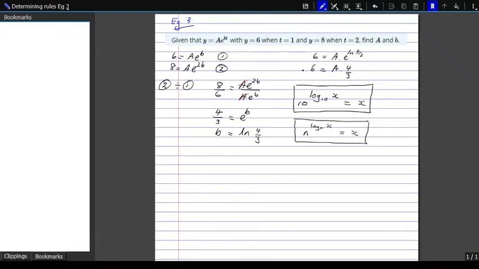So what we've got here is 6 equals a times 4/3, which means that we can solve for a equals 6 divided by 4/3, or 6 times 3/4, which would be 18/4, which is 9/2.